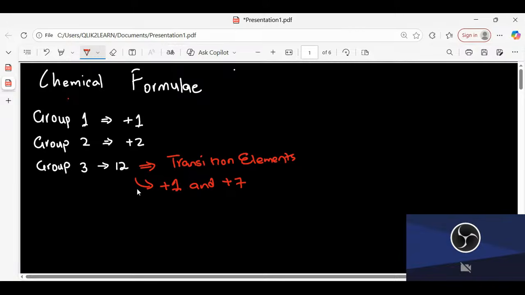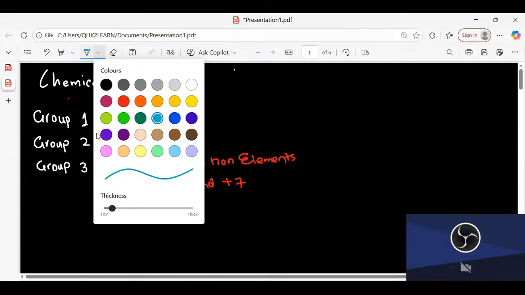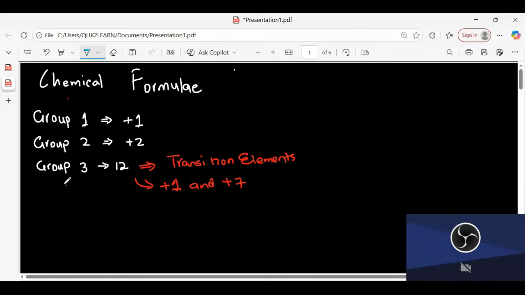But what I need you to understand when it comes to these elements is that if you see zinc, the zinc will be 2+, and cadmium, which is Cd, will also be 2+.